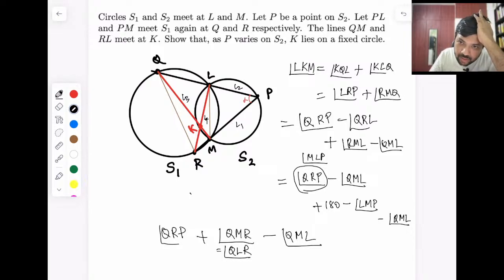Rishan is saying the two intersections of the line joining the centers with S2. How will that help?